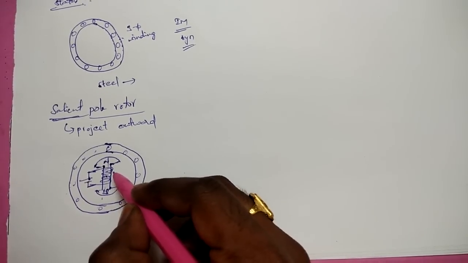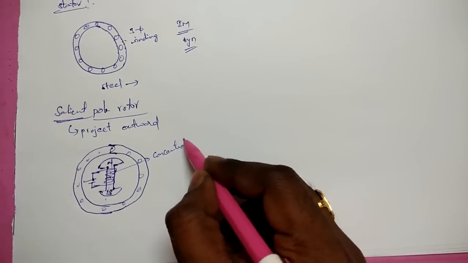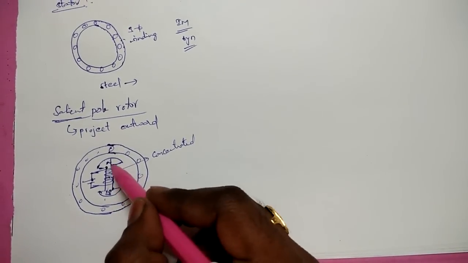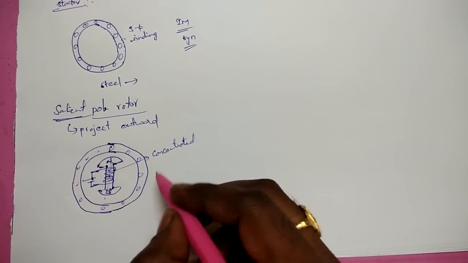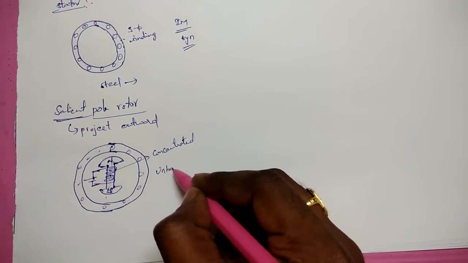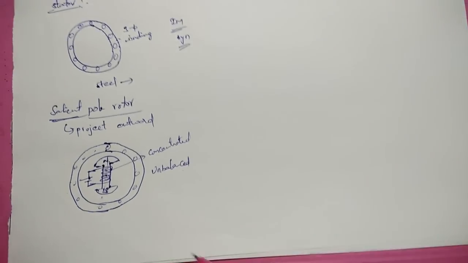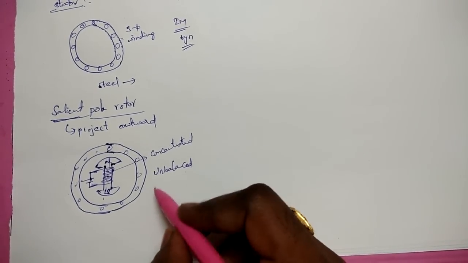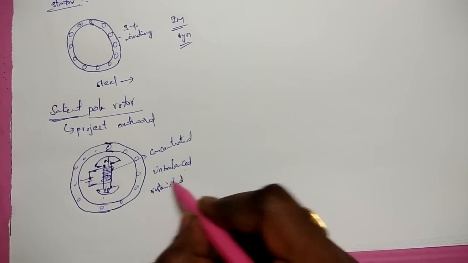This is a concentrated winding. Because of the saliency and the concentrated winding, this type of rotor is mechanically unbalanced.